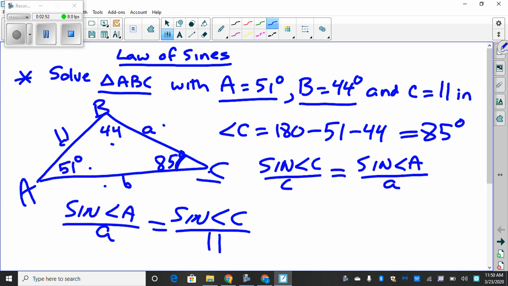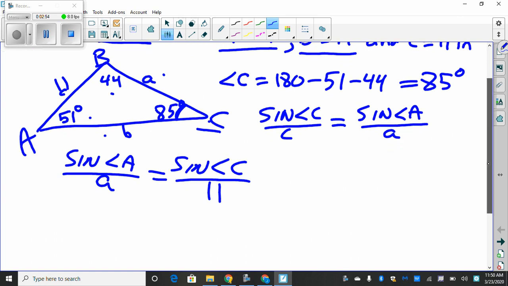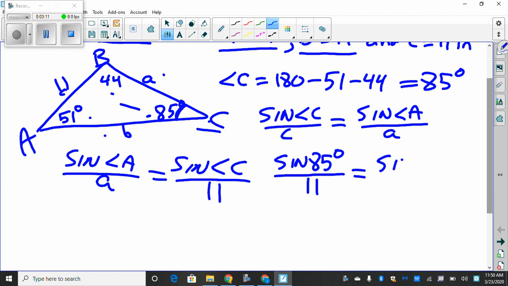All right, well, let's see what I've got here. Well, sine of angle C, that would simply be the sine of 85 degrees, which I found before, divided by its side. So its side over there is 11. That has to equal the sine of angle A, which of course they gave me as 51, divided by its side, little a.